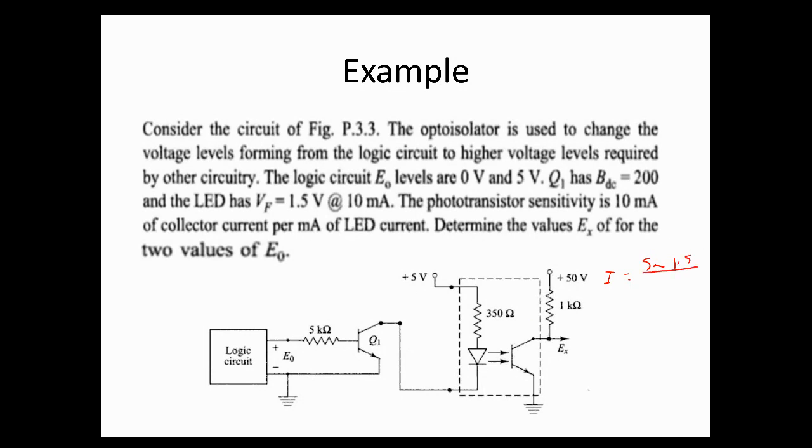And we can divide this by the resistance, right? The resistance there is what, 350 ohms, right? So what's the current?